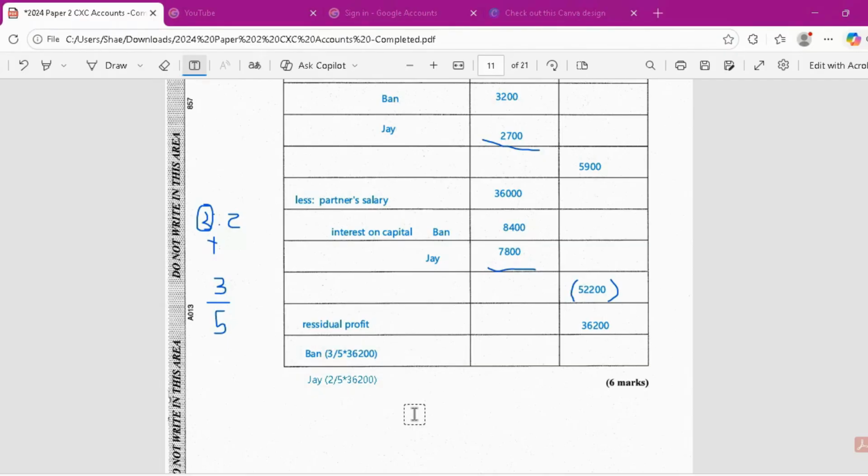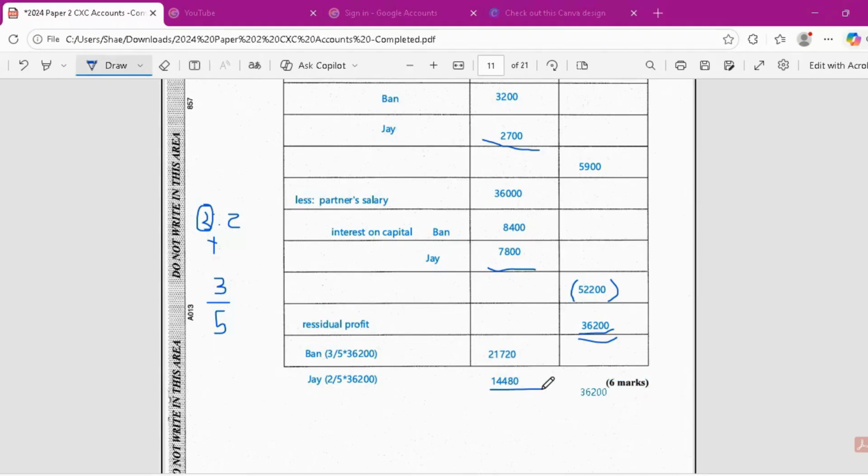That will give us 21,720 for Ban and 14,480 for J. And if you add both items together, you will get the residual profit. So you're just going to put that over here to make note that both of your sides are balanced. Alright, and that would be your appropriation account.